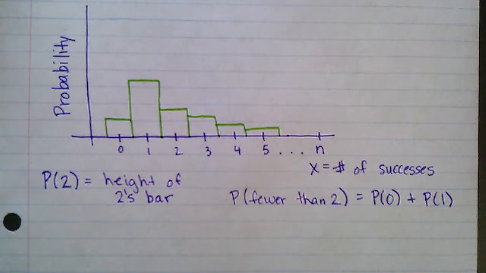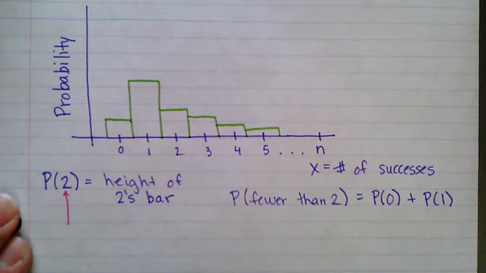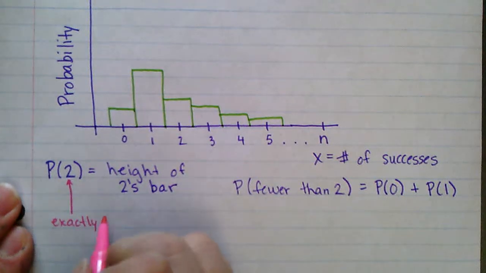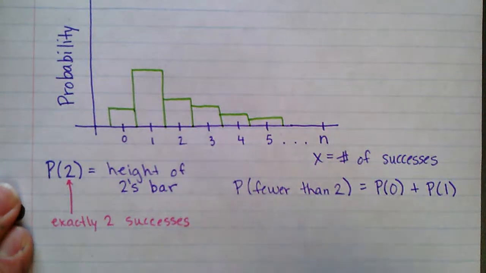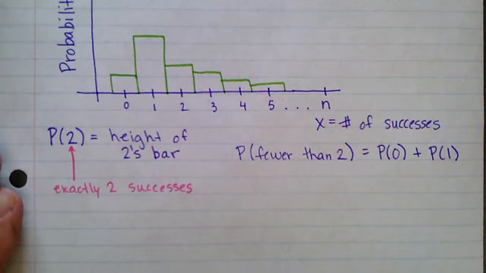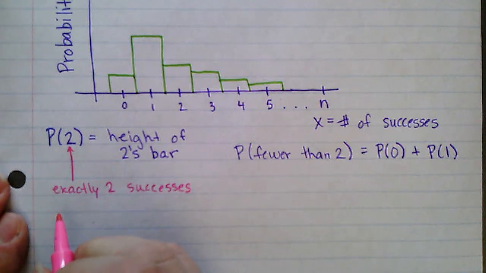So we can actually do this in our calculator. This 2 would be exactly 2 successes. So if you have a binomial experiment and you want to figure out the probability of exactly 2 successes, you can do this in your calculator by going to the DISTR menu.